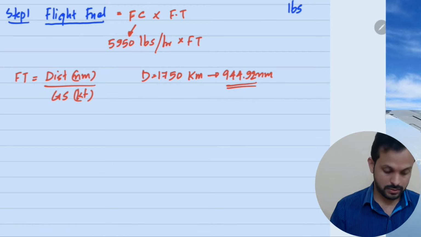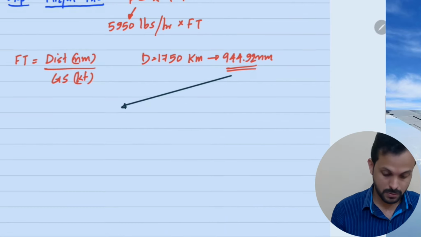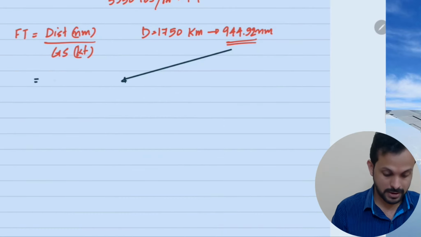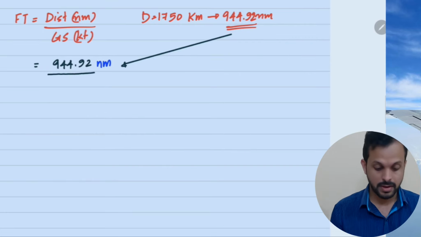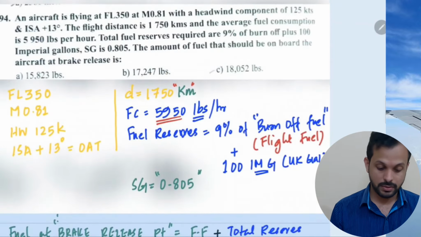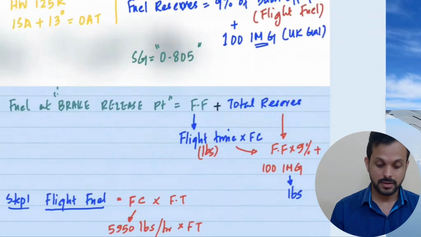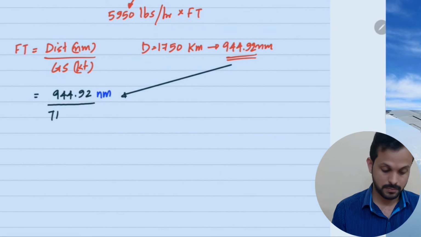Let's put this value of 944.902 straight here into the flight time equation: 944.902 nautical miles divided by the ground speed. Now to find out the ground speed, we need the true airspeed, and we also need the wind component.